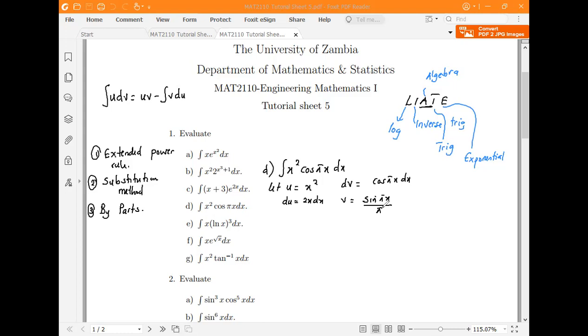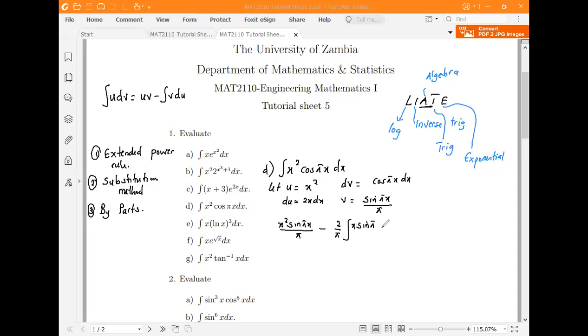So we have uv, which is x squared sine pi x over pi, minus the integral of v du. So we have 2 over pi, the integral of x sine pi x. The over pi, I've already taken outside, so I need to put that over part.